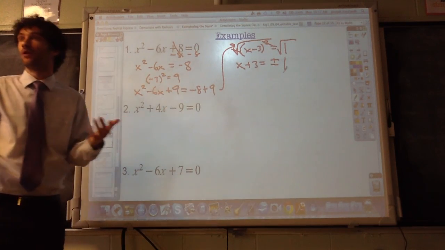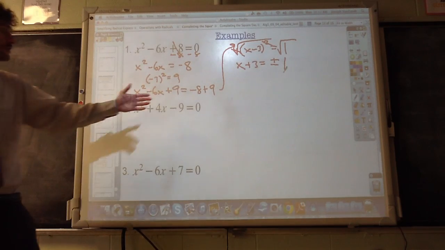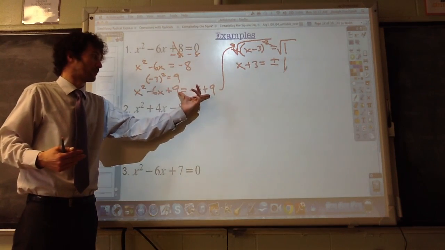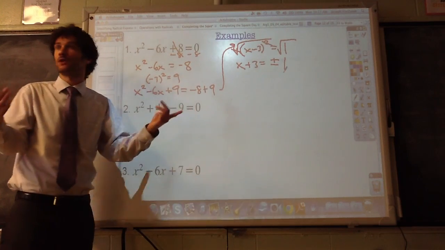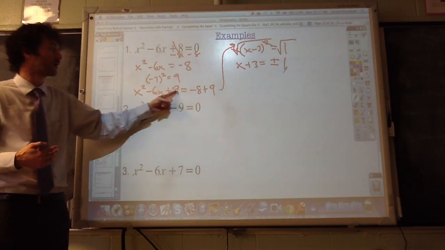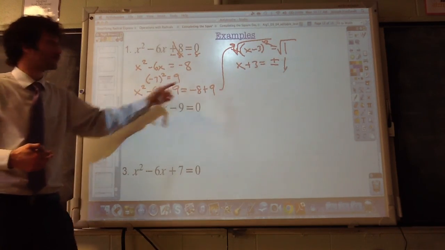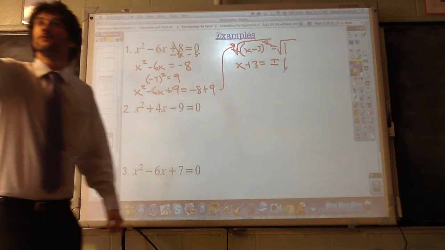I can add whatever I want to an equation as long as I do it to both sides. Normally I wouldn't do something like this, since it's not obvious how adding 9 to both sides helps. But it makes the left-hand side a perfect square trinomial so that I can factor it down to this. Okay, I got it.